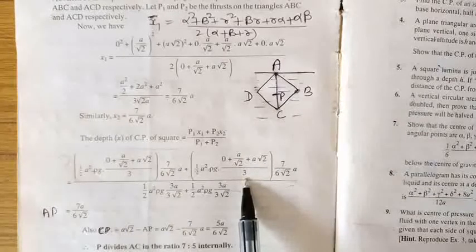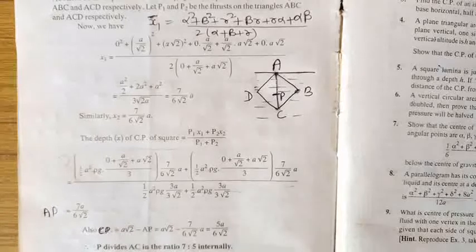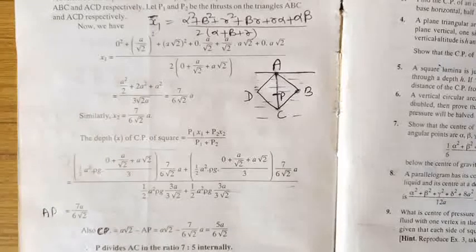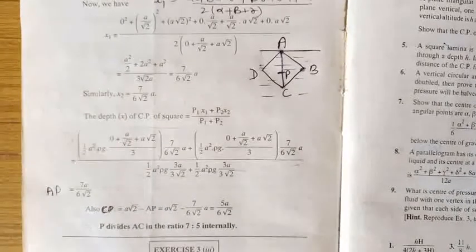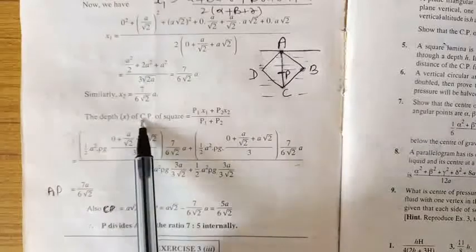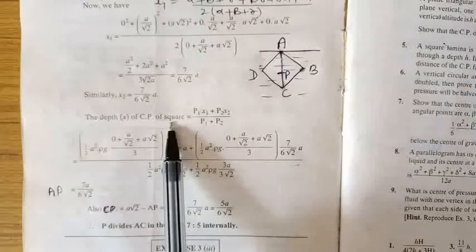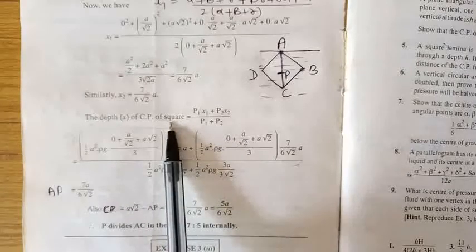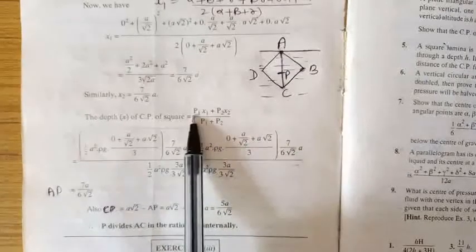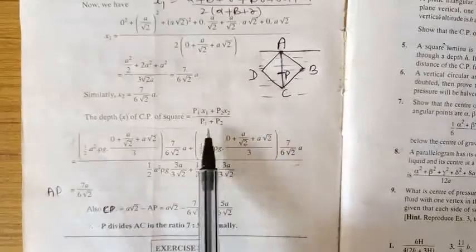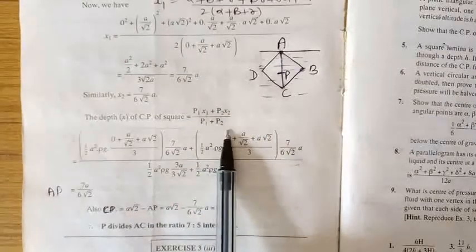So we have obtained all the 4 values P1, X1, P2 and X2. Now we can substitute these values in the formula for center of pressure of the compound body. Here the compound body is the square, so the depth of center of pressure is given by P1 X1 plus P2 X2 upon P1 plus P2.